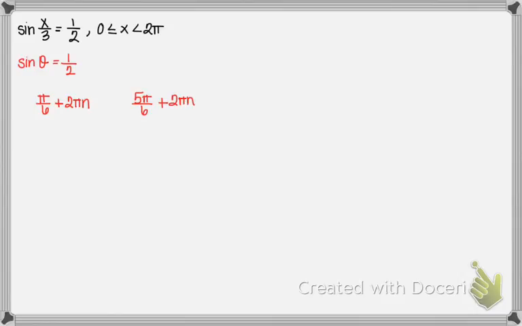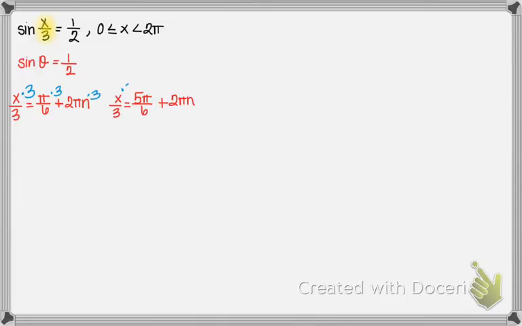This one is actually going to be a little bit nicer because remember theta was really x over 3. So that's what we're looking at. x over 3 is equal to pi 6 plus 2 pi n, or x over 3 is equal to 5 pi 6 plus 2 pi n. To get rid of dividing by 3, we're going to multiply everything by 3, which is probably easier than trying to divide.